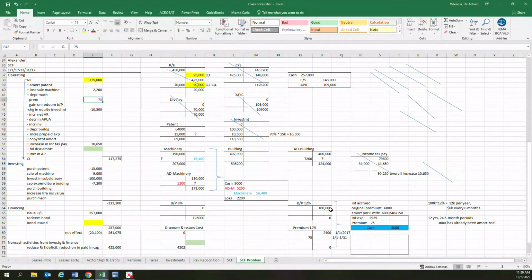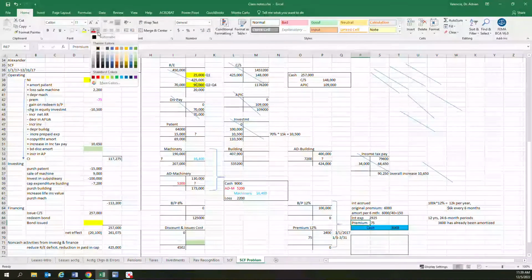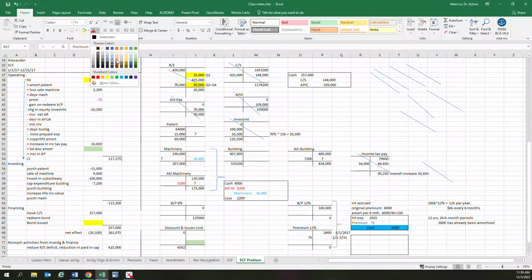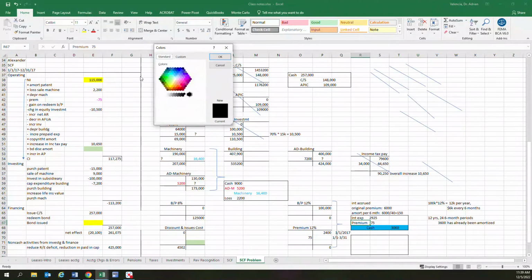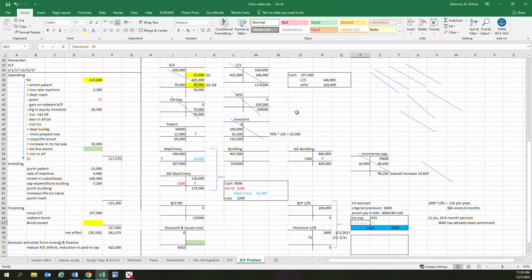Just for the heck of it, let's color match this so that we see how things are going. I don't like that color, it's hard to see, so I'm going to do it in red here.